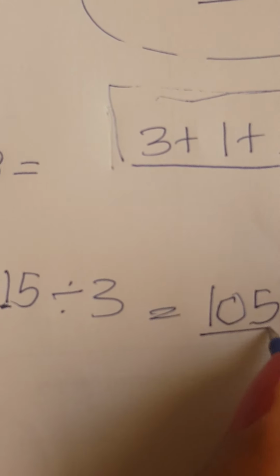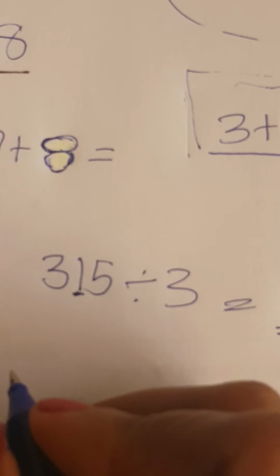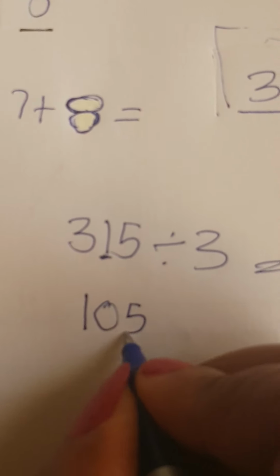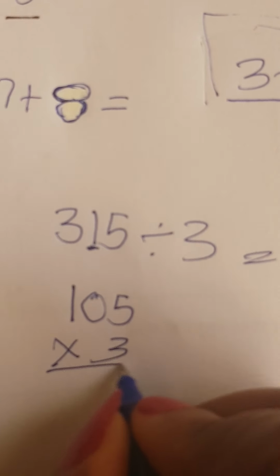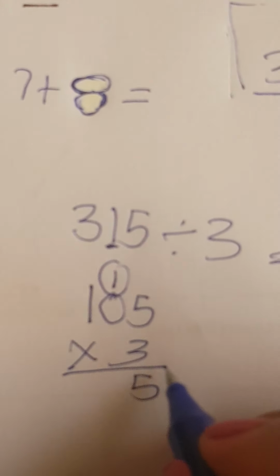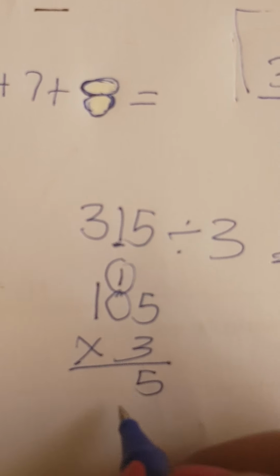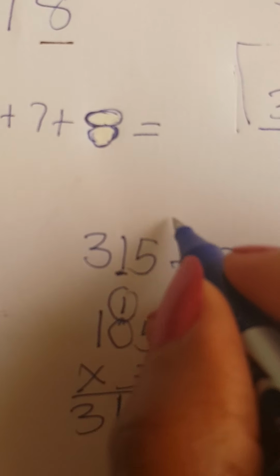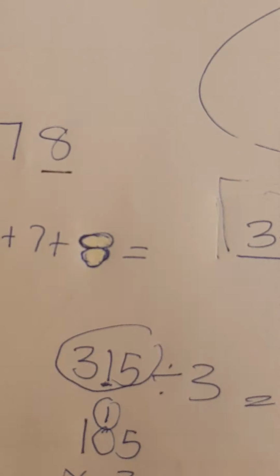So the answer is 105. Let's see if we are correct. 105 multiplied by 3. This will give us 15. You add, you regroup, put it up. This is 0 plus 1, 1, and 3. See? So 315 is divisible by 3.